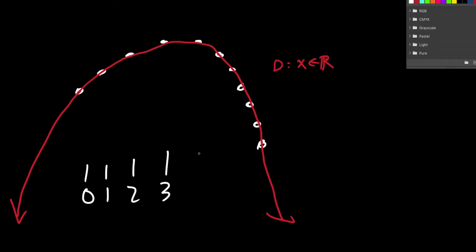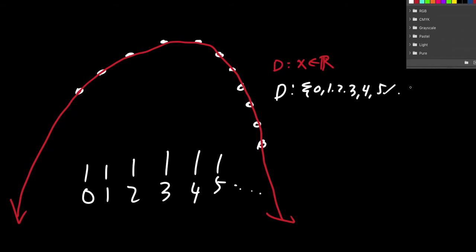This would be an object that was in the air for a very long time. 5, 6, 7, 8, 9, 10. So, dot, dot, dot. Okay. So if we do the domain of the dots themselves, like the actual data we collected, it's going to be 0, 1, 2, 3, 4, 5, 6, 7, 8, 9, 10.